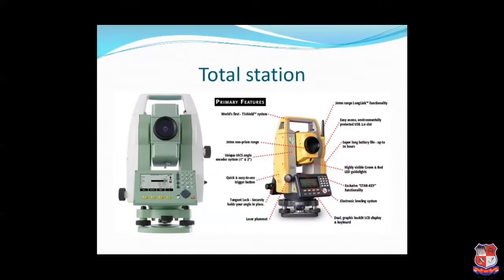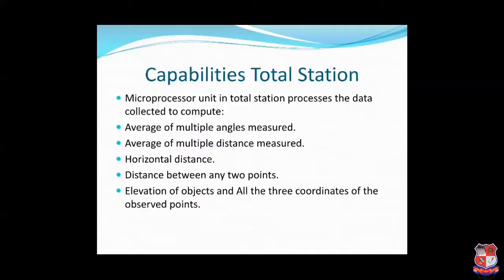It is used to measure the vertical angle, horizontal angle and also distance, and it is quite useful. We can also set up our station before surveying and make a default angle measurement setup. So it is an advanced instrument, as you can see. So what are the capabilities of the total station?